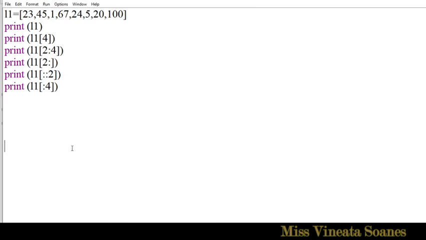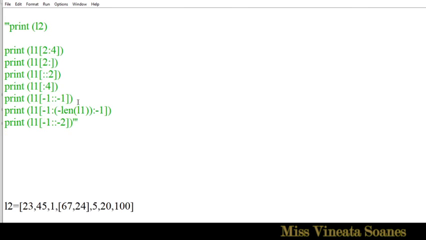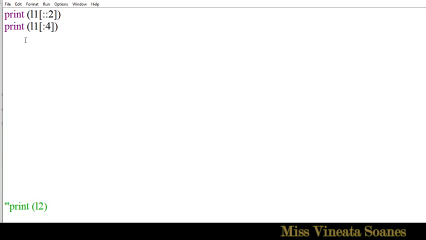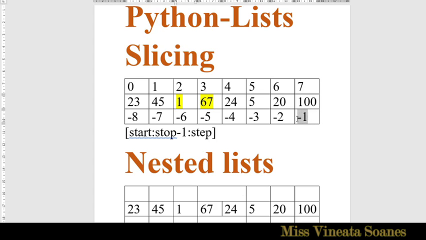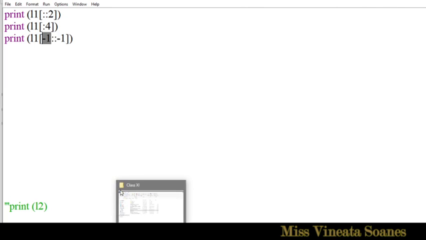Now moving to our next example. We can also print backward, that is from the back. By specifying the index from the last, I'm starting from -1. If I say I'm starting from -1, it means from here, which means I am pointing at 100. Then the ending I'm not giving, which means it will come till the beginning.